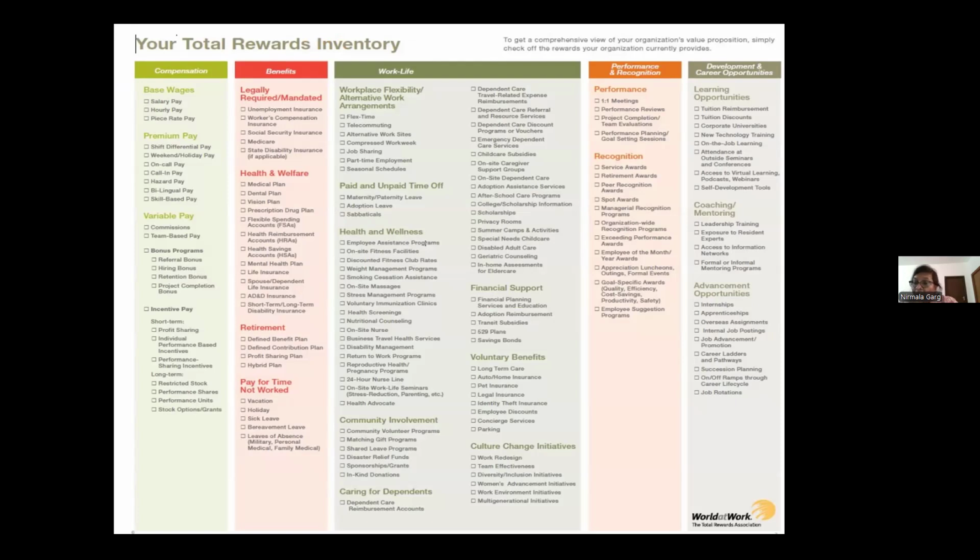I want you to look at this rewards inventory and take one or two organizations. Don't mix up the organizations. List out in this organization the components of the employer value proposition. What are the kind of things they are giving under every element? And you have a list here so that you don't have to remember. You can just pick what you have under compensation, under benefits.